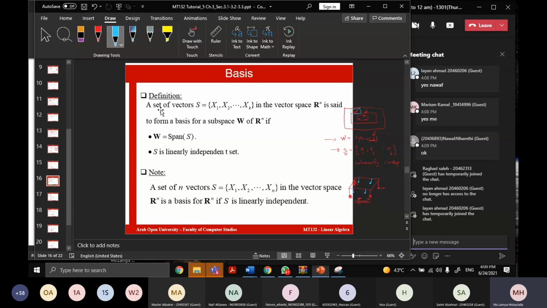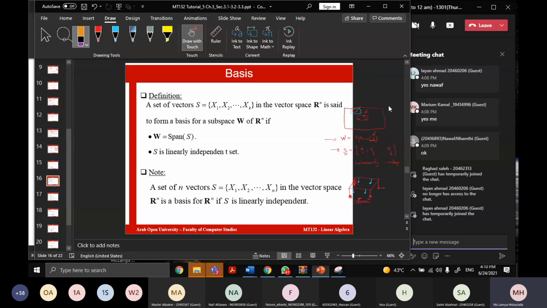So a set of vectors in the vector space Rn, and by the way, not only for a subspace, but even if we want to talk about the big vector space.